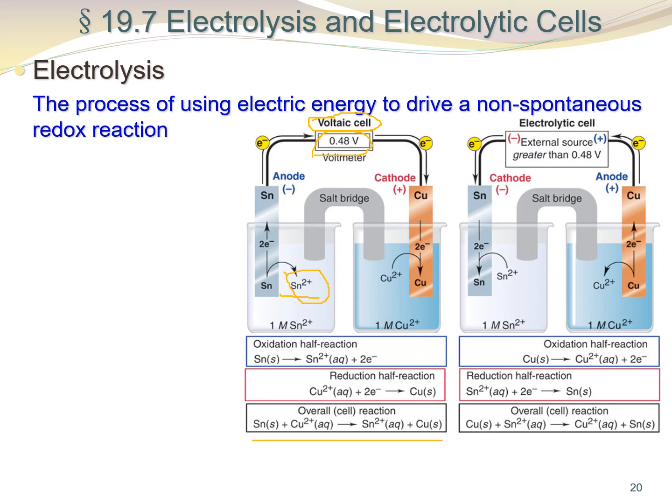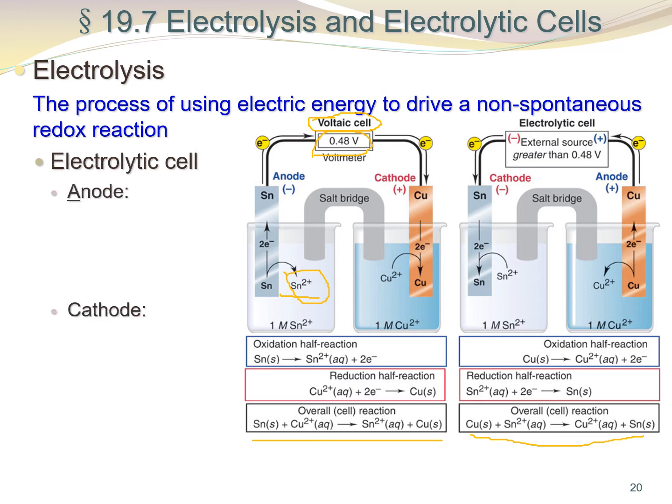Since this reverse reaction is non-spontaneous, it requires the input of electric energy at all times, continuously and externally. So as you can see, the overall reaction is the reverse of what's going on in the voltaic cell.